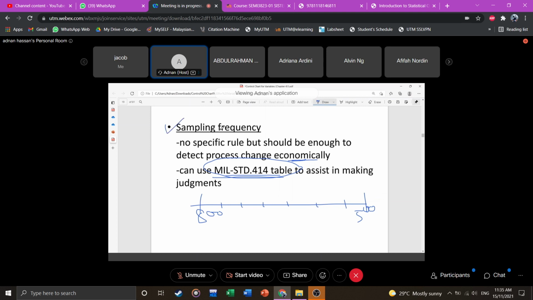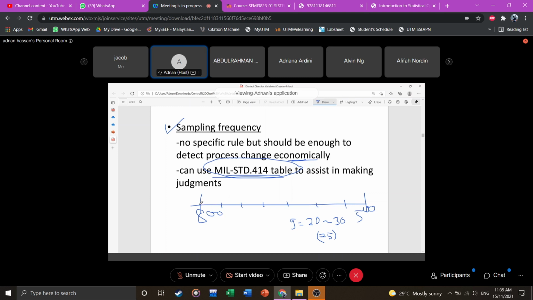How frequent? But to have a control chart, you need at least G equal to 25 subgroups. Or if it's too expensive, you even can have 20, but not less than 20. You can have 20 to 30. But normal practice, people take 25 in order for us to be able to have a good control chart.